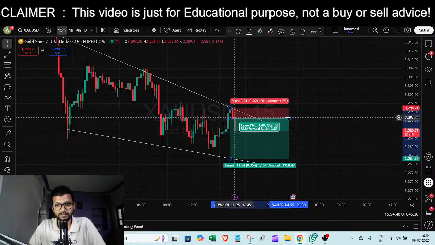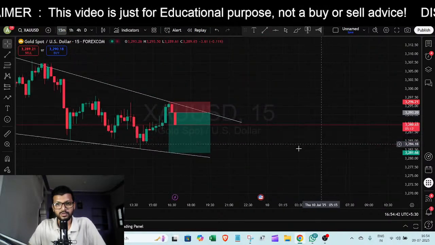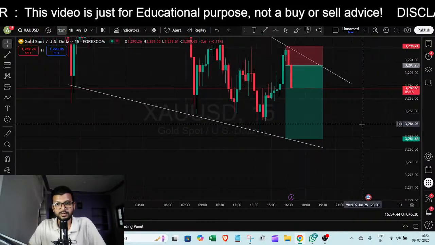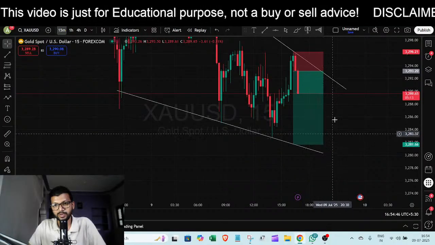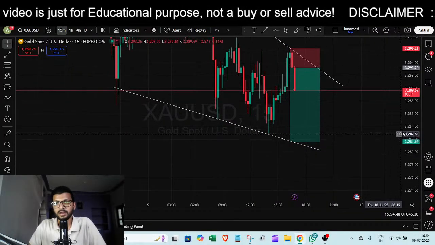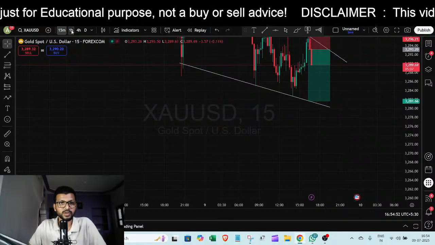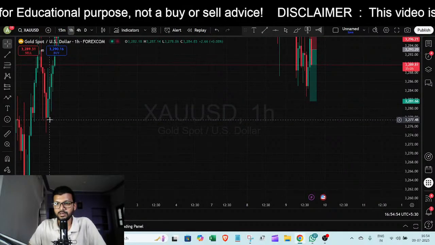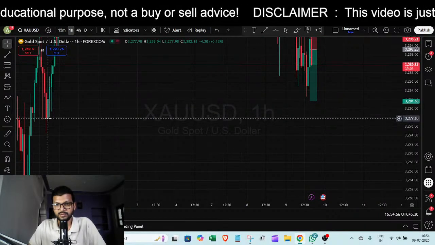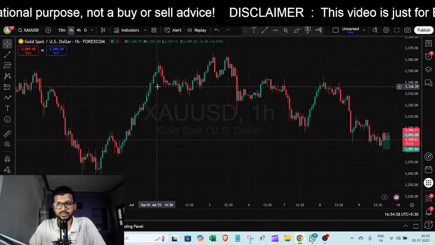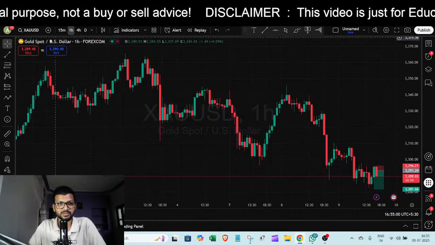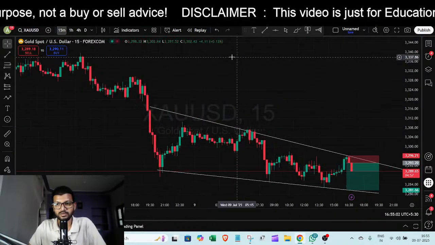If it continues, we can expect this trend line target, and if this trend line breaks, we can expect a new low, which we can see till 3278, once it breaks the previous trend line in the 15-minute chart.